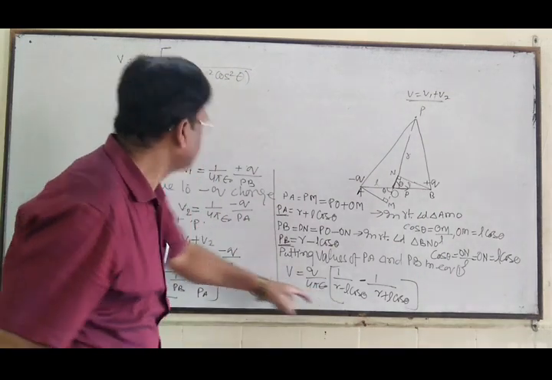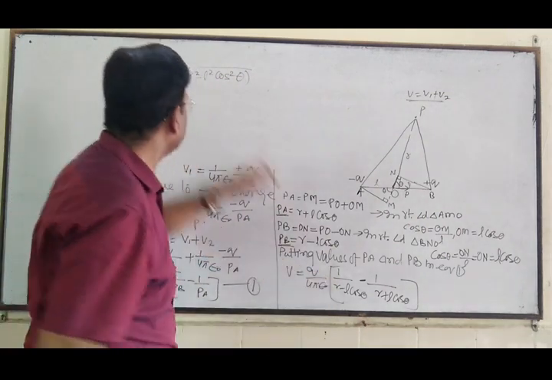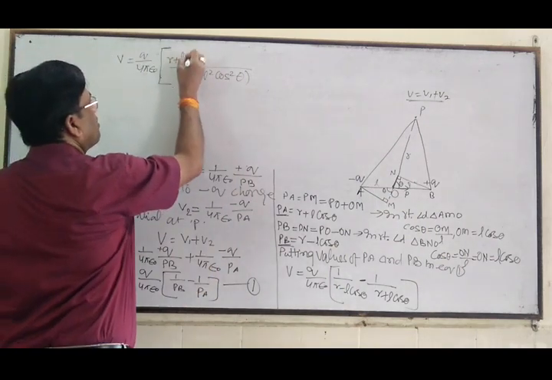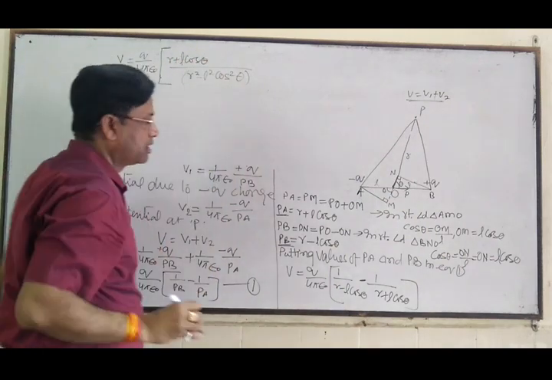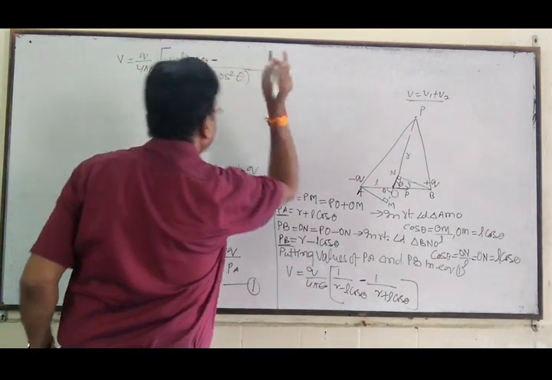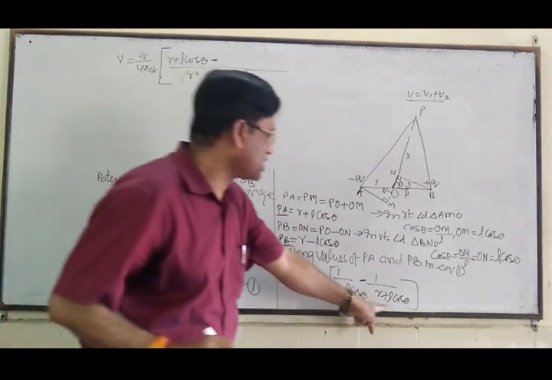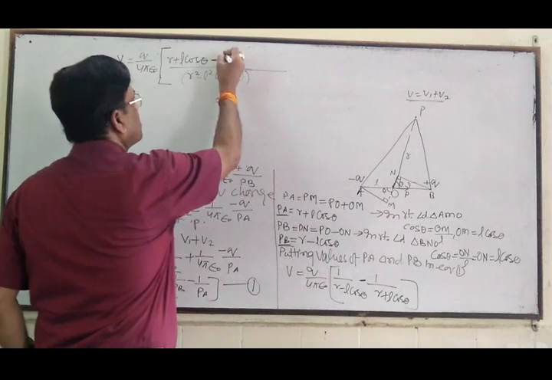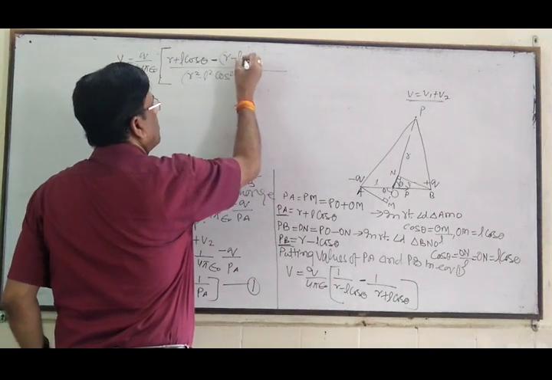Then we will solve it here. This R minus L cos theta will get cancelled. There we will get R plus L cos theta. Thereafter the negative sign is minus L. Here R plus L cos theta, the one R plus L cos theta will cancel. Now it is R minus L.